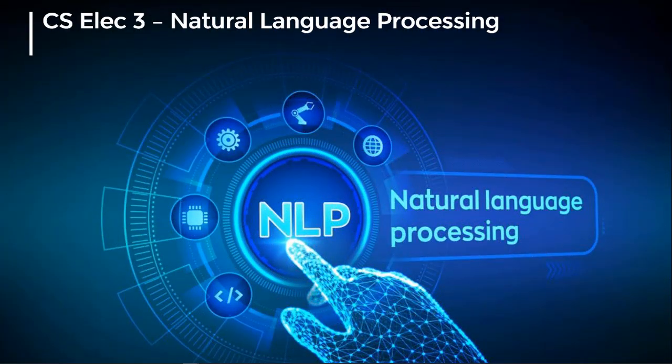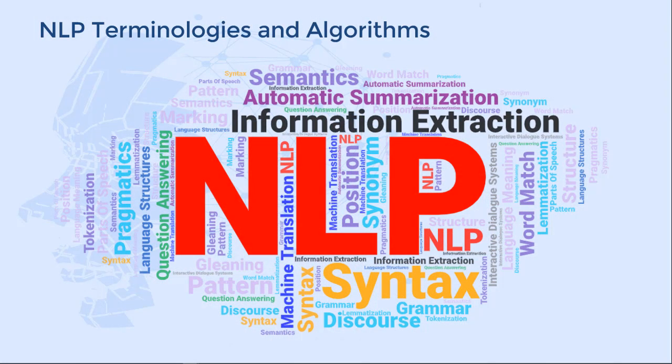So the third course that you will be taking up is CS Elect 3 Natural Language Processing. This course introduces the theory and methods of natural language processing, or NLP. So NLP systems understand and produce human language for applications such as information extraction, machine translation, automatic summarization, question answering, and interactive dialogue systems.